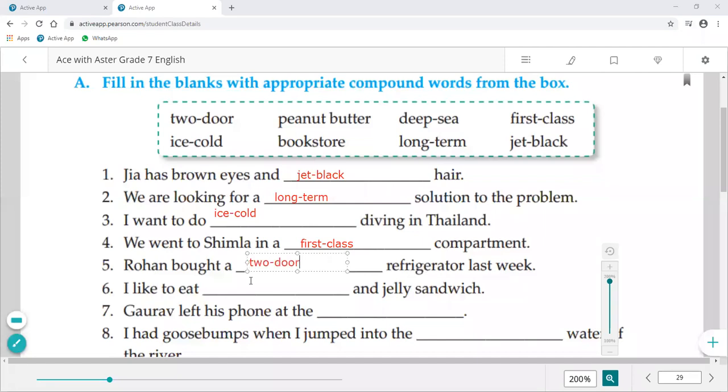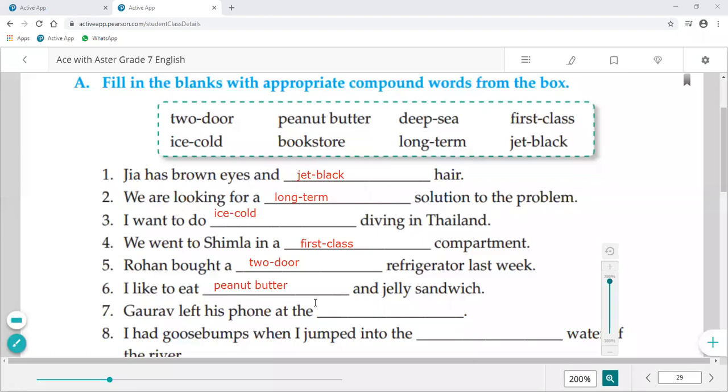Okay. Next is I like to eat dash and jelly sandwich. So here, peanut butter. I like to eat peanut butter and jelly sandwich. Okay class, now you tell me which kind of compound word this is. Yes, it is an open compound word.